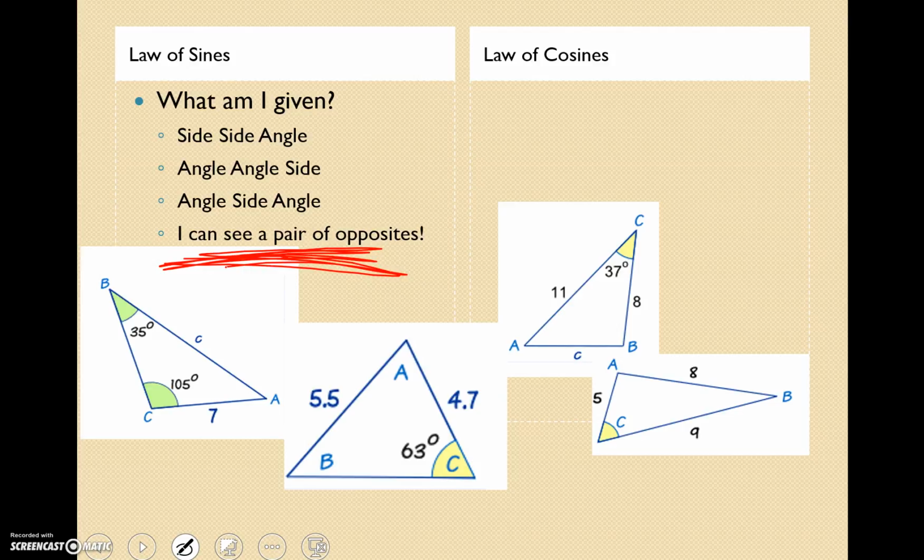Now if you're given a case of angle-side-angle, you can solve for the third angle because it adds up to 180. So keep that in mind because sometimes you're going to have to do that. For law of cosines, you're typically given side-angle-side or side-side-side. We don't have a pair of opposites. So that's the clue to you of whether I'm going to use law of sines here, or I'm going to use law of cosines, okay? All right, go ahead and hit the stop button and start working on that practice.